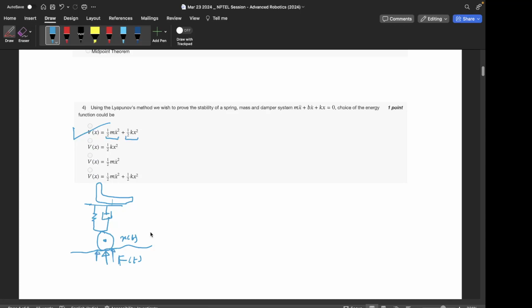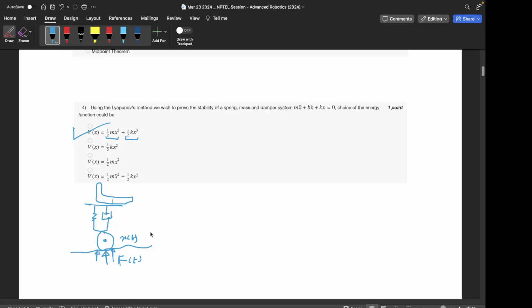But the external force, there is a spring mass system, and you can apply any external force on it, whether it's towards left, towards right. You can pull it or push it.